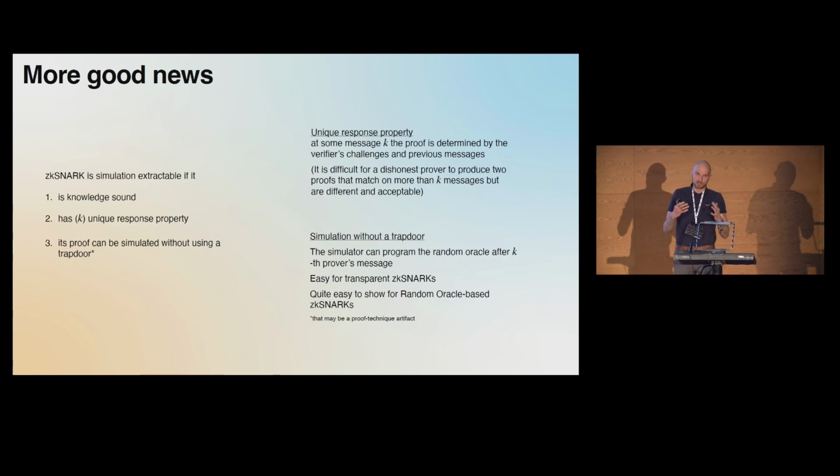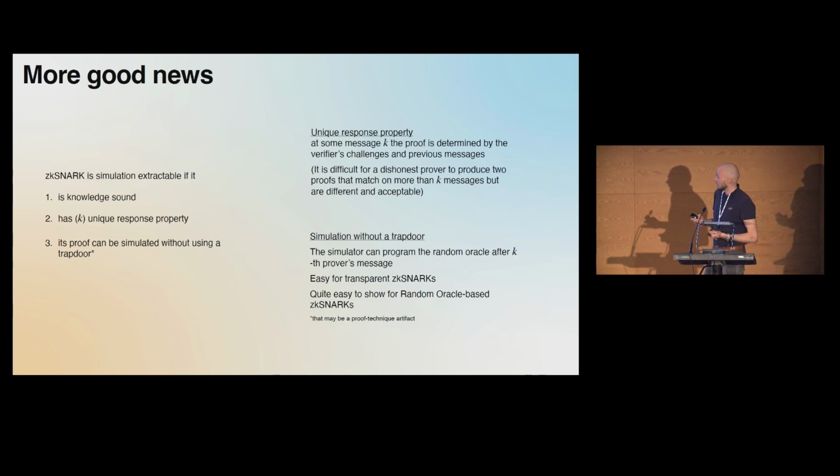So we need to give this simulator some special powers, and if we are in a trusted setup SNARK, usually we provide the simulator with a trapdoor. And if we don't have any trapdoor, then we allow the simulator to program the random oracle. So to say that the random oracle on input x returns y, okay? But don't worry, this simulator is only an artificial party that is used for proof purposes.